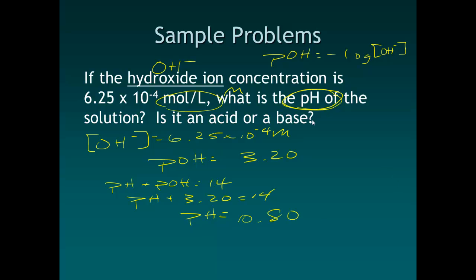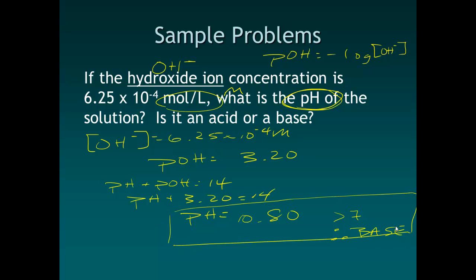And then I'm asked if it's an acid or a base. I can look at my pH and the 10.8 is greater than 7. Therefore, it is a base. And there's my answer for that one.